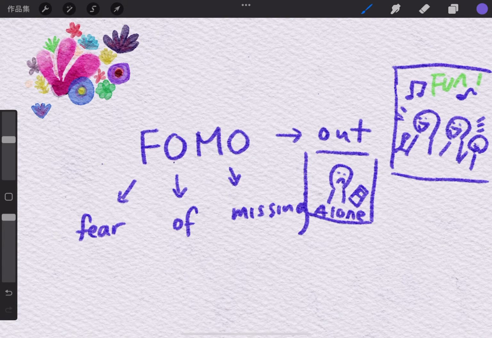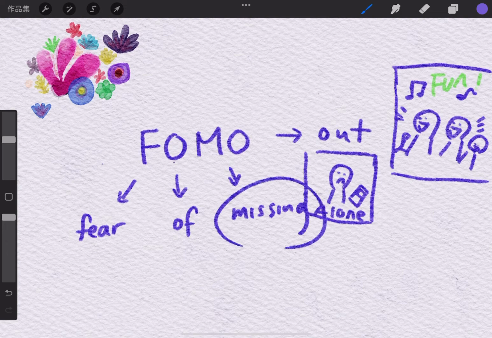So FOMO is not just a sense that other people may be doing better things that you could be doing at this moment, but it's also a feeling that you are actually missing out.